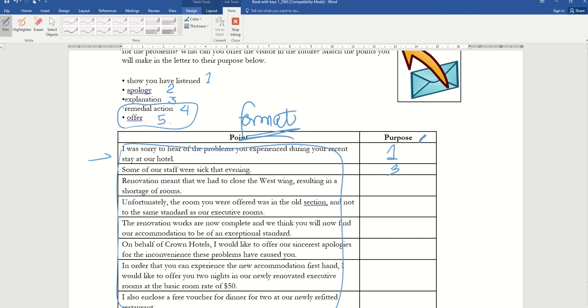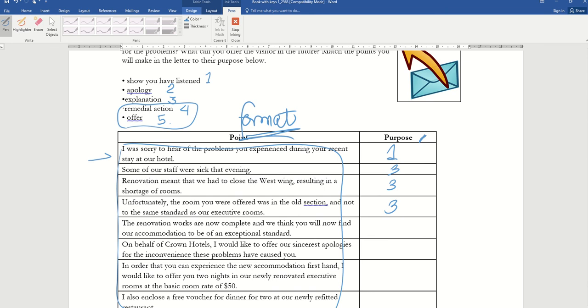And also, renovation meant that we had to close the west wing, resulting in a shortage of rooms. This is also the reason, explanation. Unfortunately, the room you were offered was in the old section and not to the same standard as our exclusive executive rooms. Again, reason, explanation.